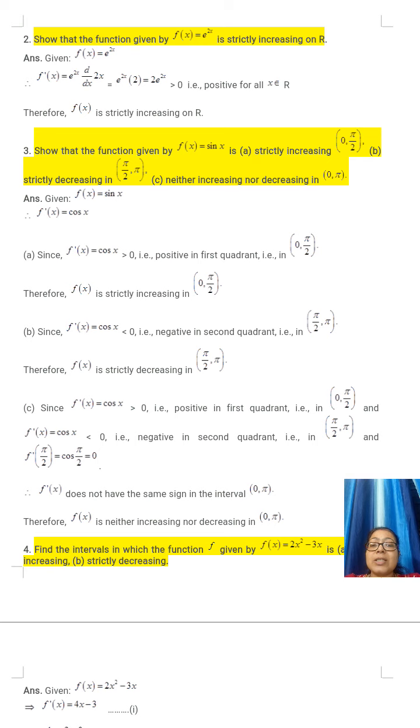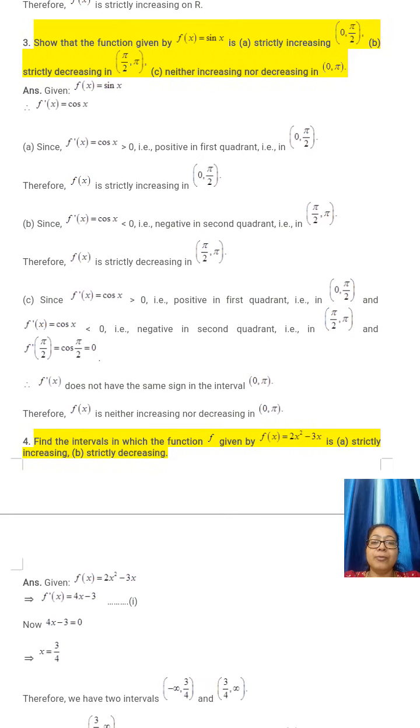So f'(x) does not have the same sign in the whole interval 0 to pi. Not having the same sign means in some part it is increasing and in some part it is decreasing. So f is neither increasing nor decreasing in the open interval 0 to pi.